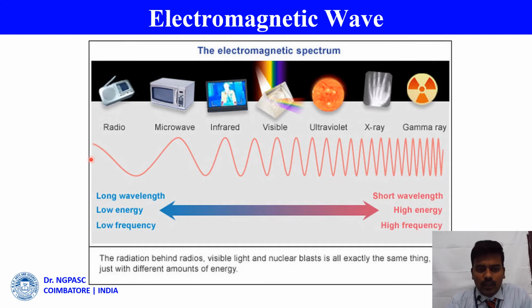A longer wavelength means lower energy and lower frequency. A shorter wavelength means higher energy and higher frequency. The shorter wavelengths belong to gamma rays, X-rays, and ultraviolet rays.